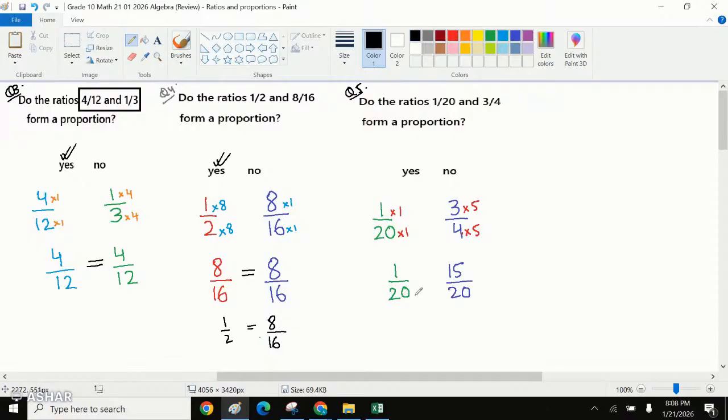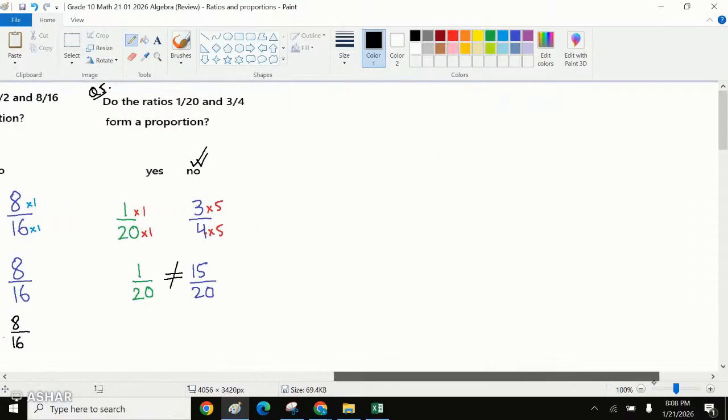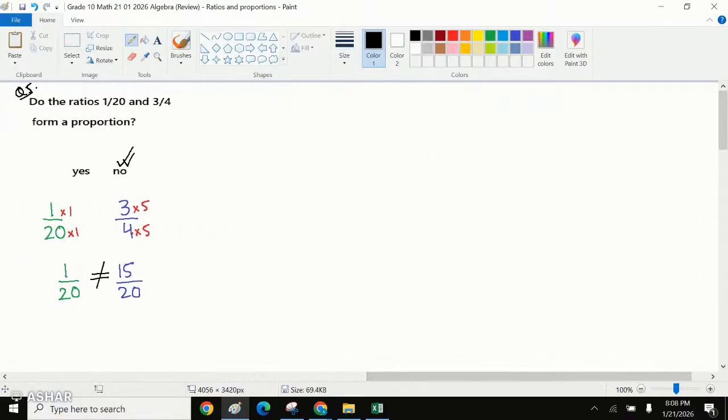See, since the denominators are already equal, we just need to compare the numerators. And we can say they are not equal. Do they form a proportion? No, they do not form a proportion. They are not proportional fractions, okay? Agreed? Okay. Let's have a look at one more question.